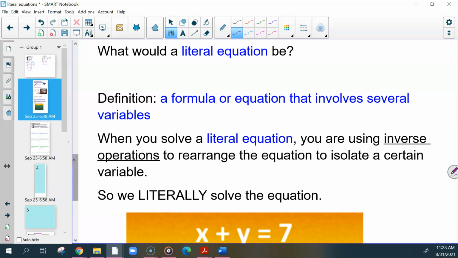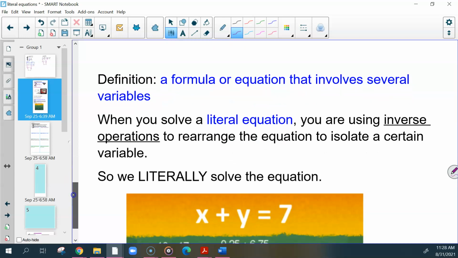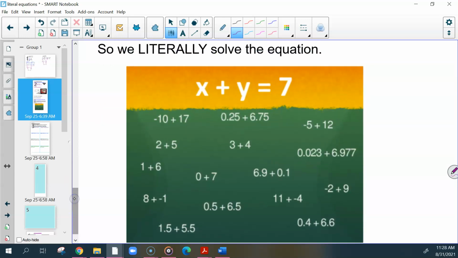We're literally solving it like normal, but we don't actually get an answer. So if I were to solve this for x or solve it for y, well, this one's simple enough that I can figure out what the number is. But I won't ever know the actual value for the variable. And that's the part that's kind of confusing because you expect to get a value and you won't.